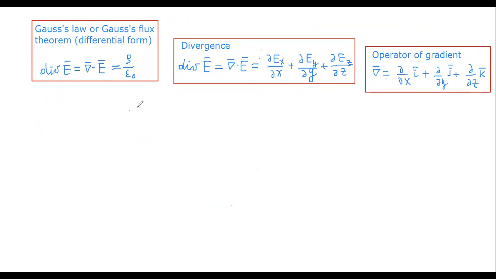We can remember a formula from our previous lesson: electric field intensity is equal to minus the gradient of electric potential.